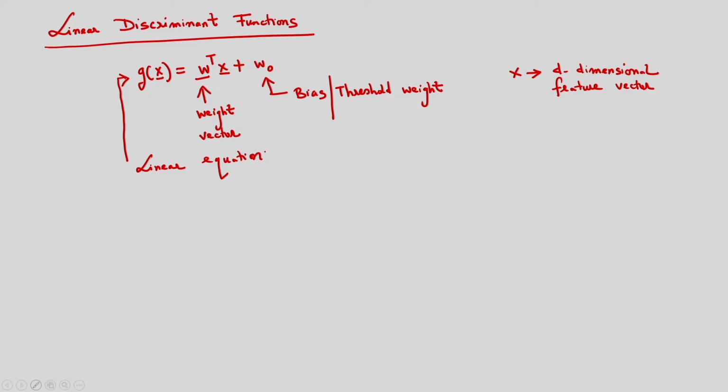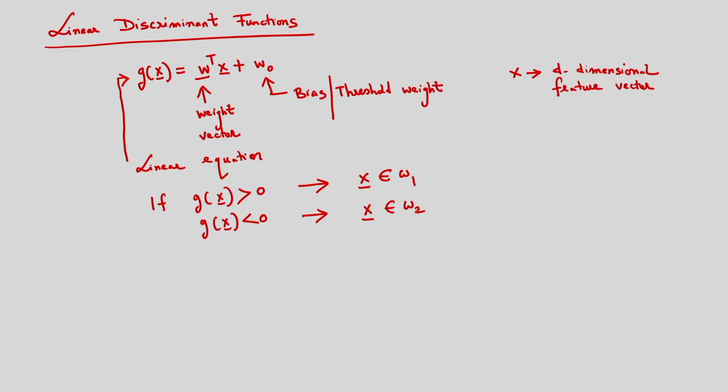Now based on this discriminant function, I can take a classification decision. So what decision can I take? If g(x), that is the discriminant function, is greater than 0, then the vector x is assigned to the class omega 1. Suppose g(x) is less than 0, then the vector x is assigned to the second class.